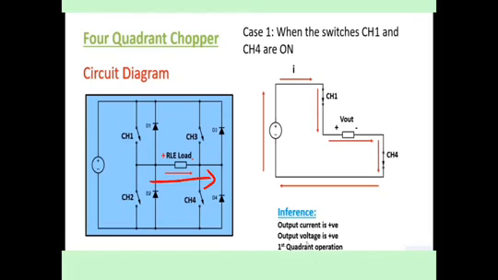When switch CH1 and switch CH4 are on, your current flow will be in this direction: from the source through switch 1, which is now closed, through the RLE load, and again through chopper 4, it is returned to the source.